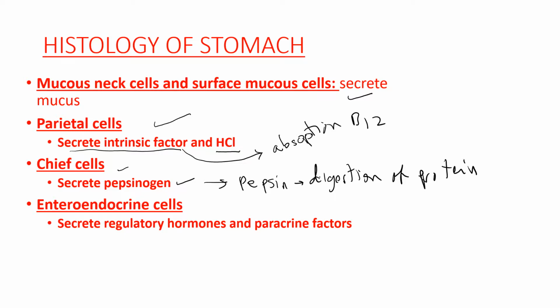Finally, there is a population of enteroendocrine cells at the bottom of the stomach pits or glands. These enteroendocrine cells are going to secrete hormones into the blood and paracrine factors into tissue and lumen. Both hormones and paracrine factors are going to influence the activities of the stomach.